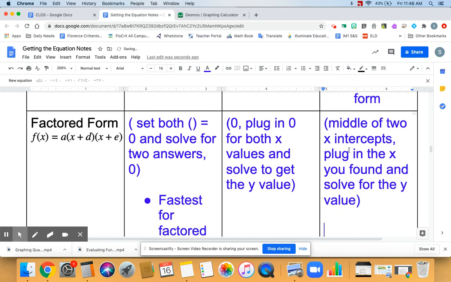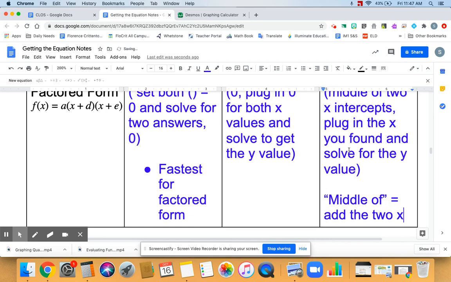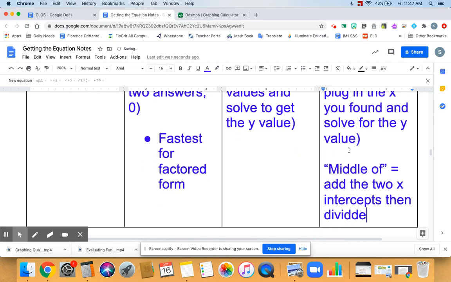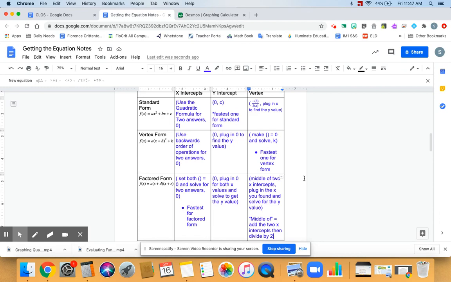Remember, to get the middle of them, you can add the two x-intercepts, then divide by 2 to figure out what the middle of them is. This little chart is really useful. I would make sure I had it written down to use on the test.